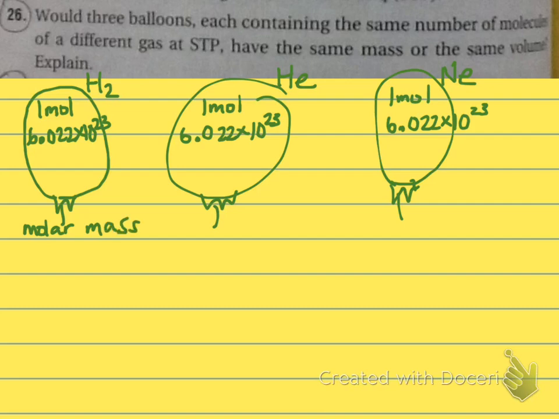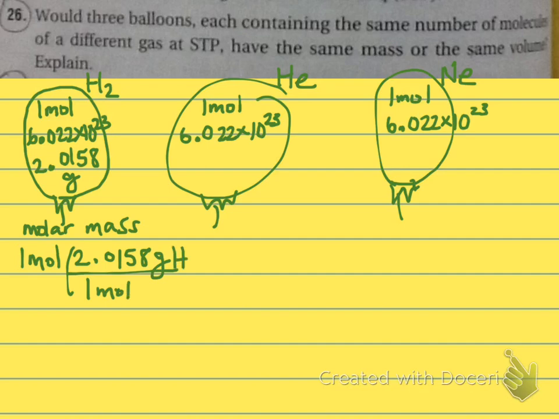So hydrogen's molar mass is 2 times 1.0079. So the mass of this balloon would be 2.0158 grams, right? Because I have 1 mole, and the molar mass is 2.0158 grams per 1 mole for hydrogen.